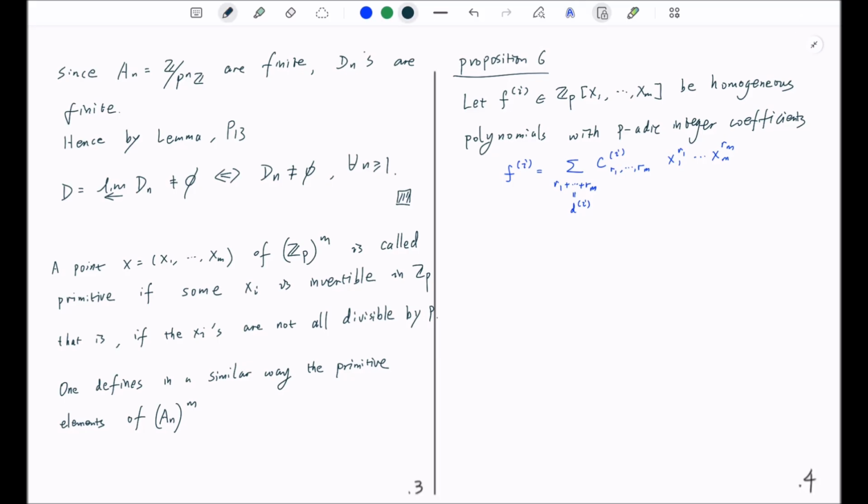Then the following statements are equivalent. Part A states that the f^i's have a non-trivial common zero in Q_p^m. Part B says that the f^i's have a common primitive zero in Z_p^m.